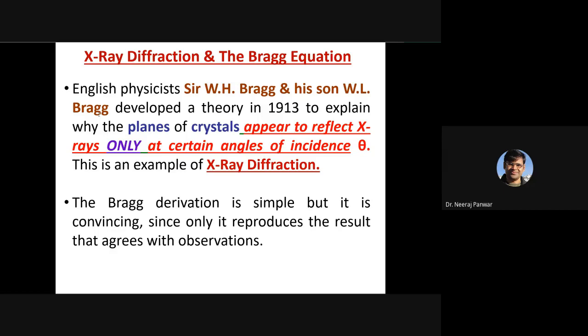Like when we have a mirror and light is incident on it, it is reflected following Snell's law, which says that the angle of incidence is equal to the angle of reflection. So the father and son said that the planes reflect the X-rays in a similar manner as a mirror reflects visible radiation. This is known as specular reflection.